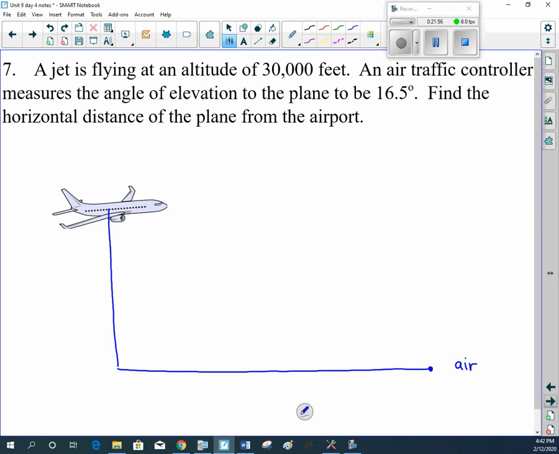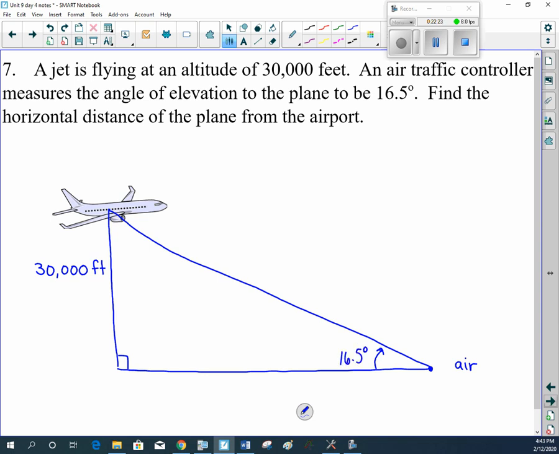It says the plane is flying at an altitude of 30,000 feet, so that's how high the plane is right now. And that's a right angle. And somebody down here, the air traffic controller, looks up, so they look up to see the airplane. And they look up at 16.5 degrees.